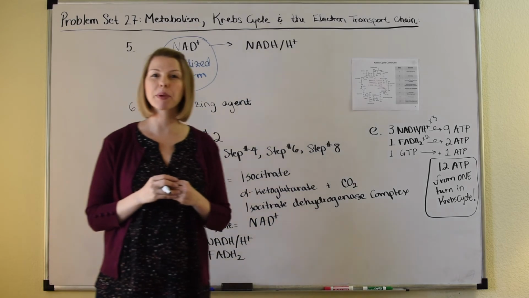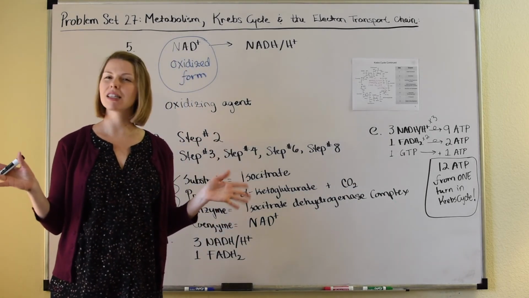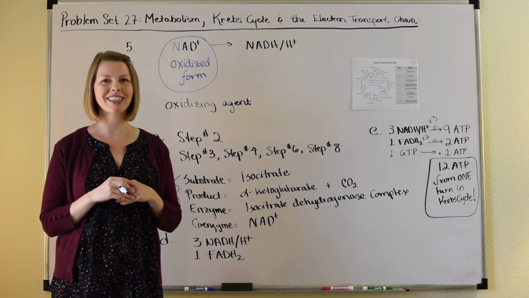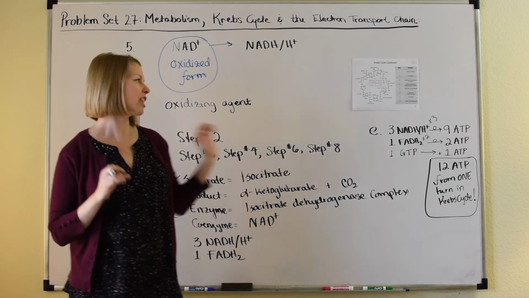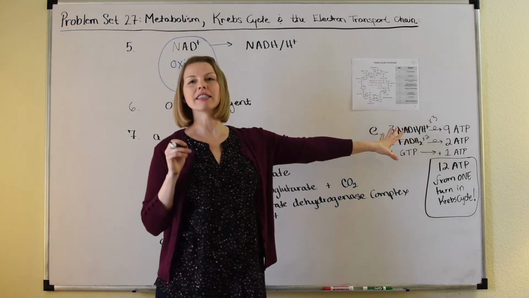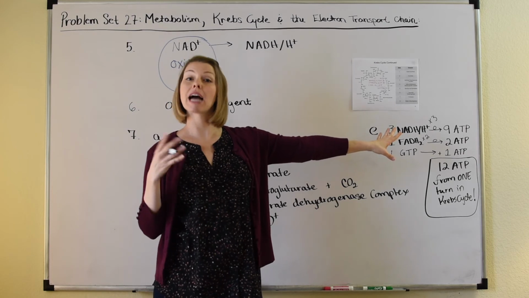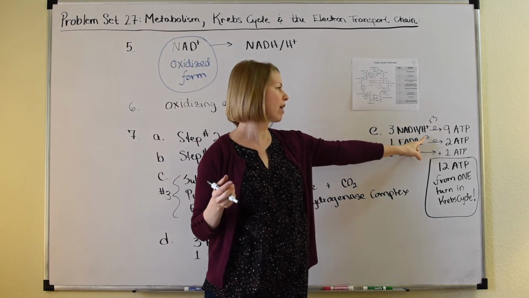Now real quick before we go, because this is our last problem, just a quick reminder, and I know I said this in the tutorial already, so hopefully it's not too annoying that I'm going to say it again, that these are the theoretical yields, times 3 and times 2, and some textbooks will use the actual yields of 2.5 and 1.5.